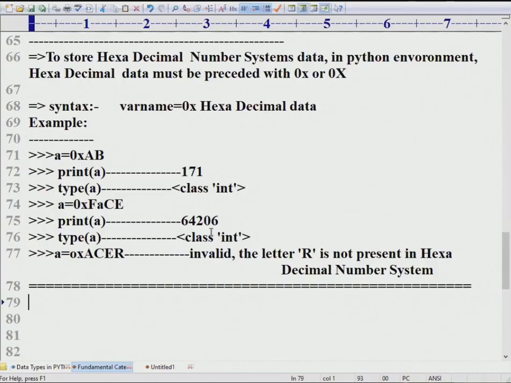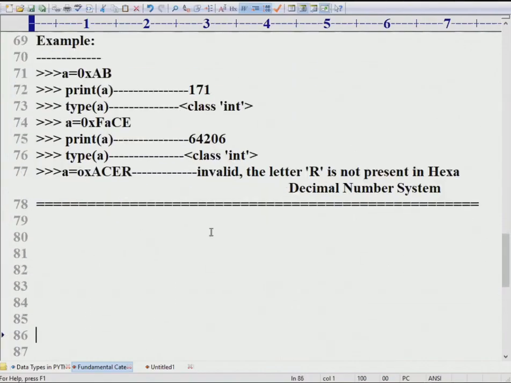Now we want to convert in reverse: decimal number system data into binary, into octal, and into hexa. Those are called base conversion functions.